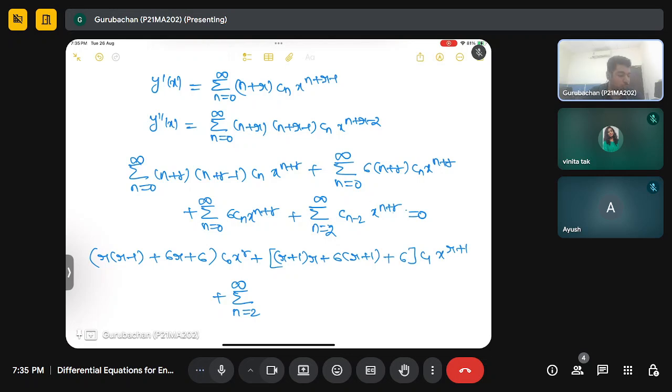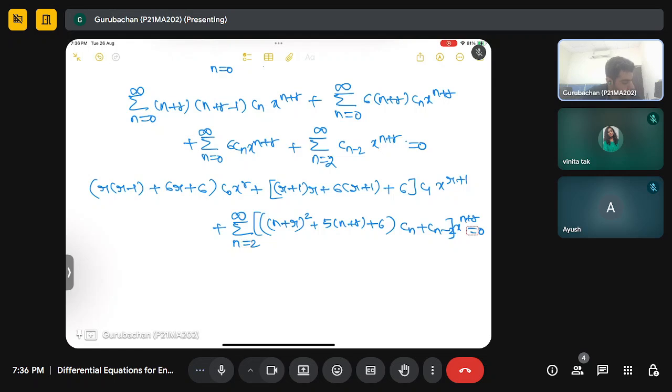Now for n from 2 to infinity, you will get n plus r whole square, in fact, plus 5 times n plus r plus 6, this times cn plus cn minus 2, x to the power n plus r equal to 0.